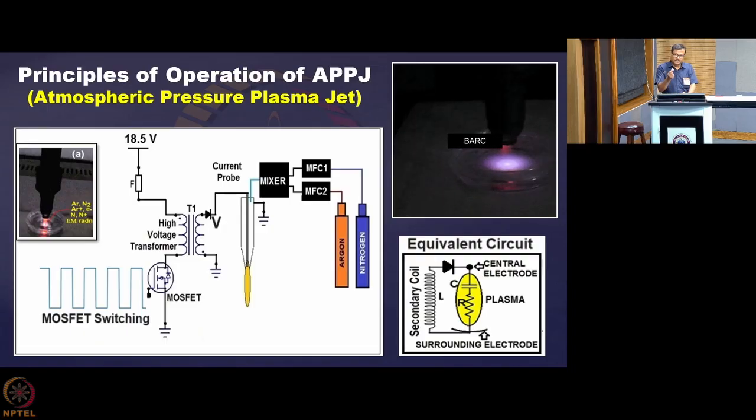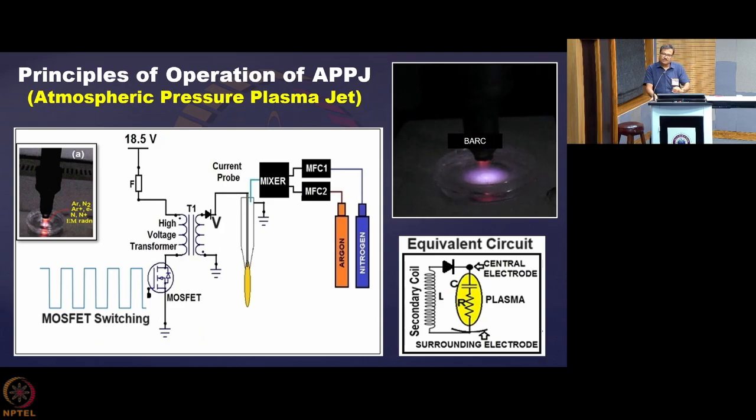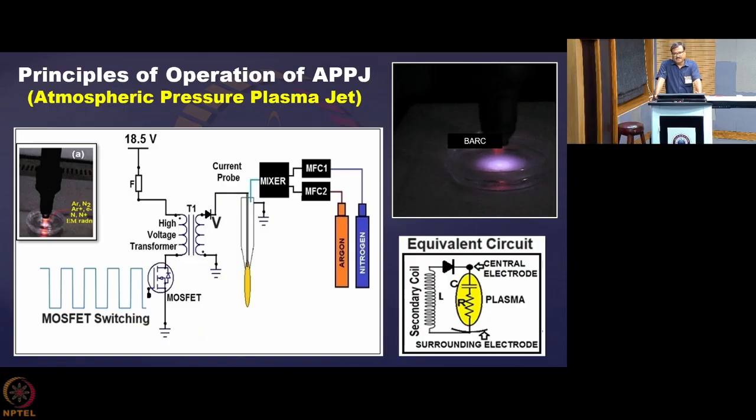You can put it between your two fingers, and the most attractive part is there. You are producing a cold plasma, but you are not requiring any vacuum. That is a very interesting thing, that you are not requiring vacuum, and still you are able to generate a plasma which you can touch by hand. In the tube lights, you can of course touch it by hand. There you require a vacuum, or the glow discharge plasmas.